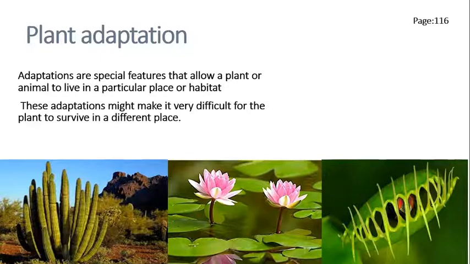These changes and these exclusive features that allow the plant to live in particular places or habitats, this is called adaptation. So adaptation is any change that can give the plant the ability to live in particular places. This is why from specific environments we have specific plants.